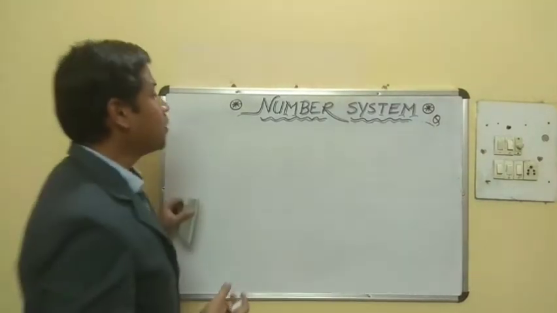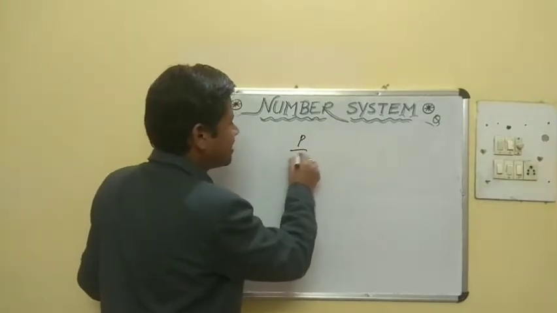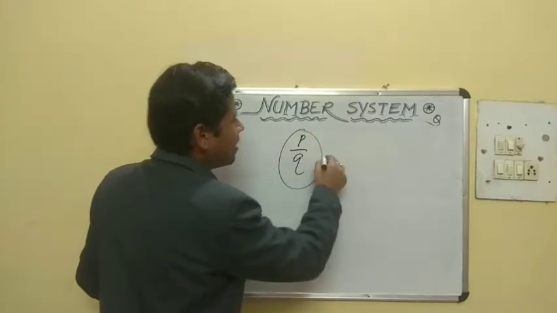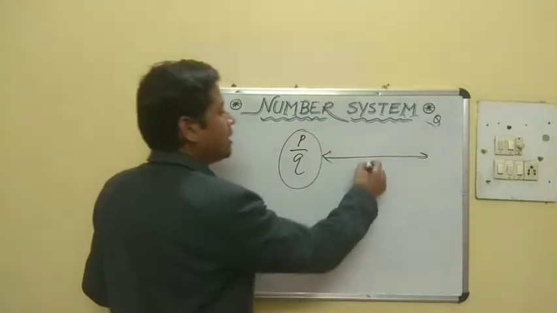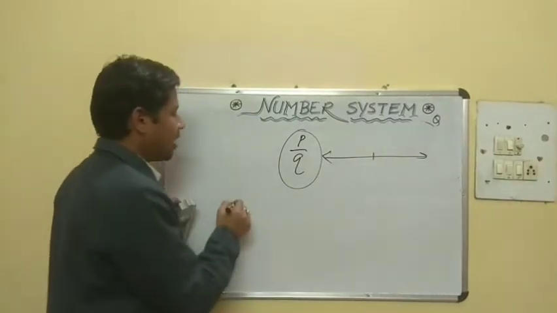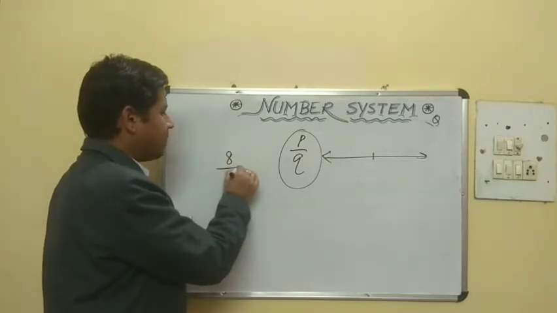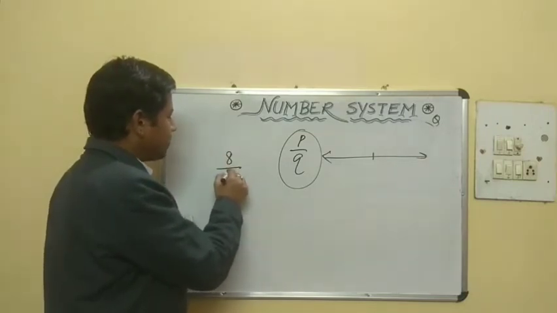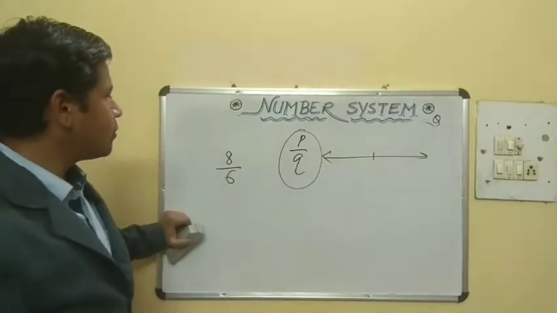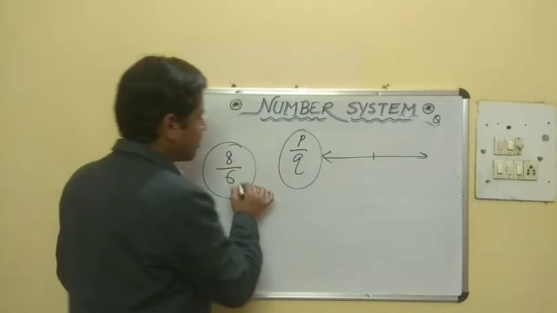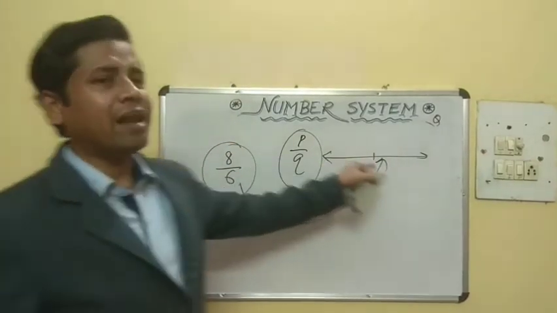One thing we should know is that when we are writing P by Q as the rational number, or when we are representing rational numbers on the number line, then when P by Q forms some numbers, suppose 8 upon 6, will you represent this number as it is on the number line?